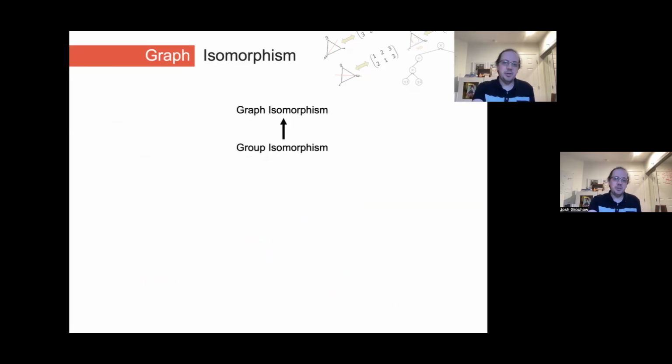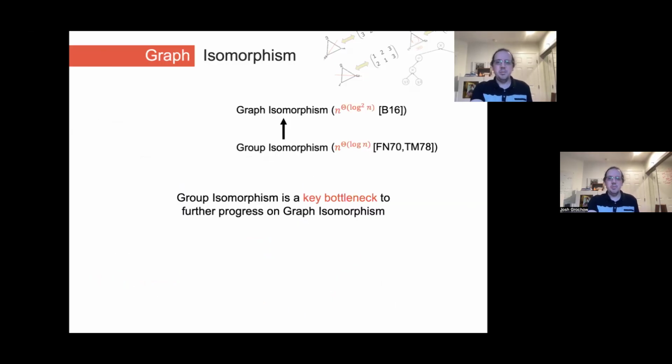Okay, and coming back to the relation with graph isomorphism, in 2016, Babai showed that graph isomorphism could be solved in n to the log squared n time. And so this n to the log n time for group isomorphism really is now quite close. And group isomorphism has become a key bottleneck to further progress on graph isomorphism.